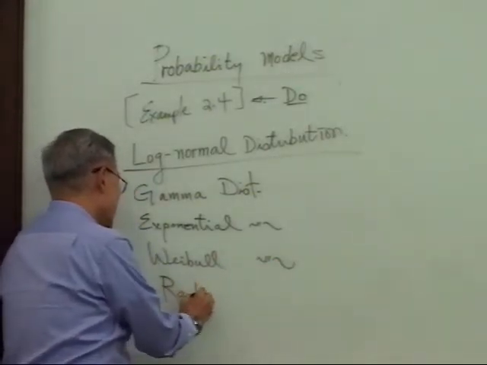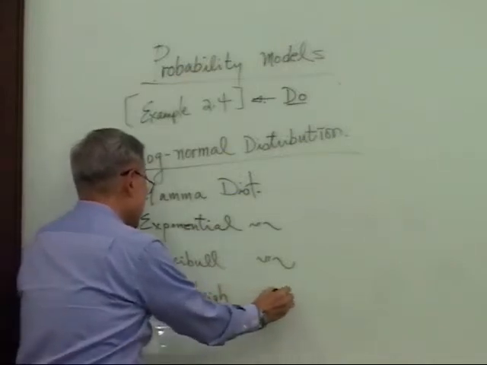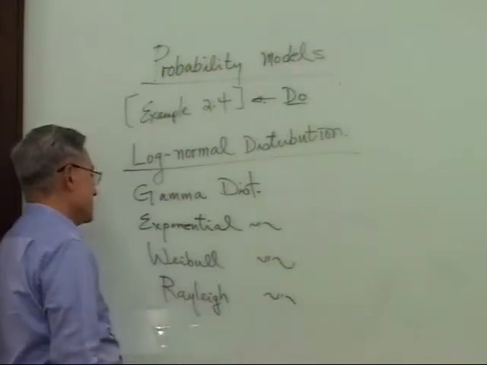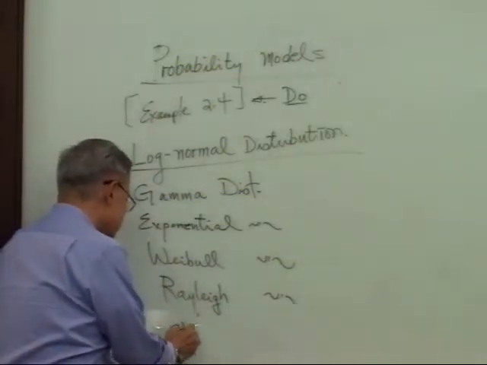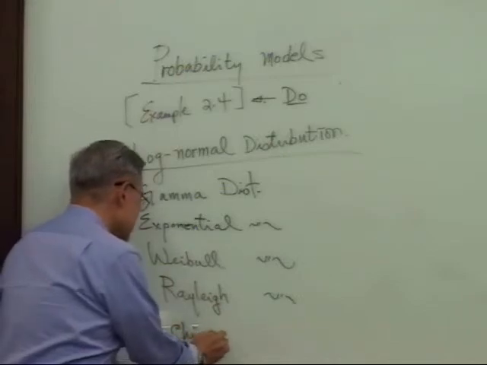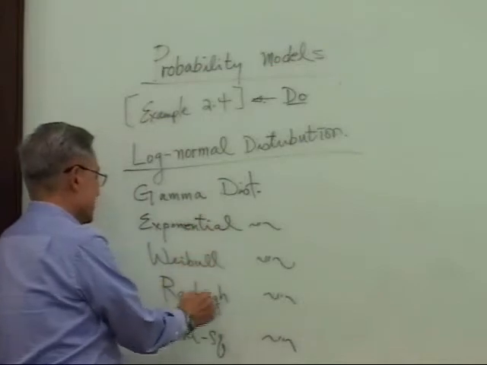Rayleigh distribution function. What else do we have? Chi-square distribution function. One more?